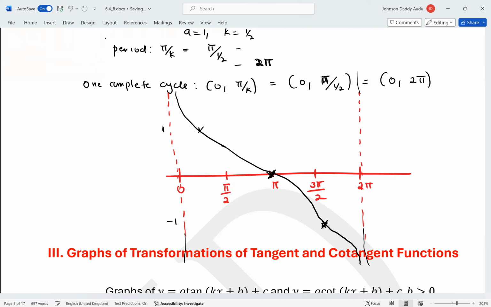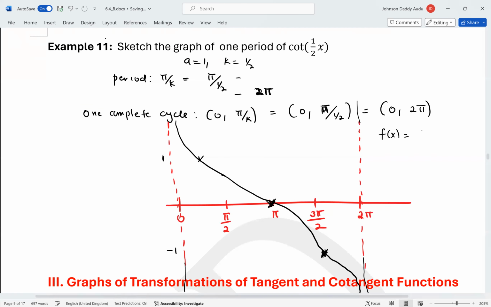And then you can always check. Now, what is our function here? Our function is, I think, cotan of 1 over 2 of x, right? So let's check for f of 3 pi over 2. This is going to be cotan of half times 3 pi over 2, and this will just be cotan of 3 pi over 4.